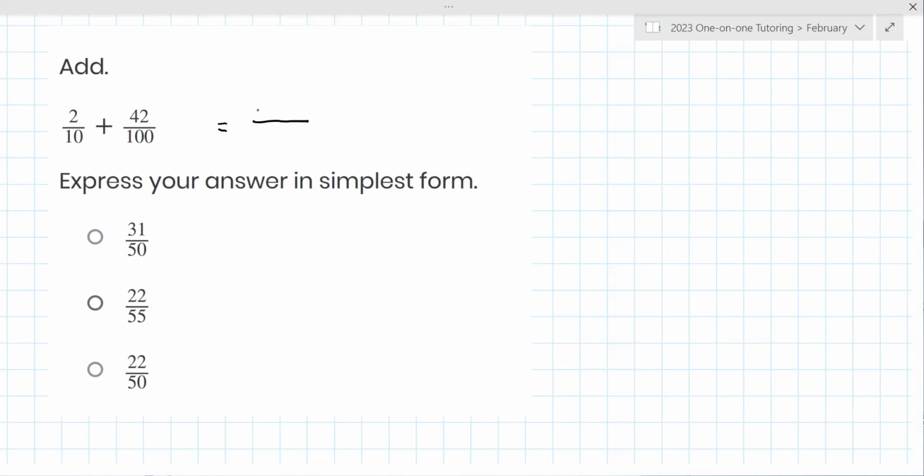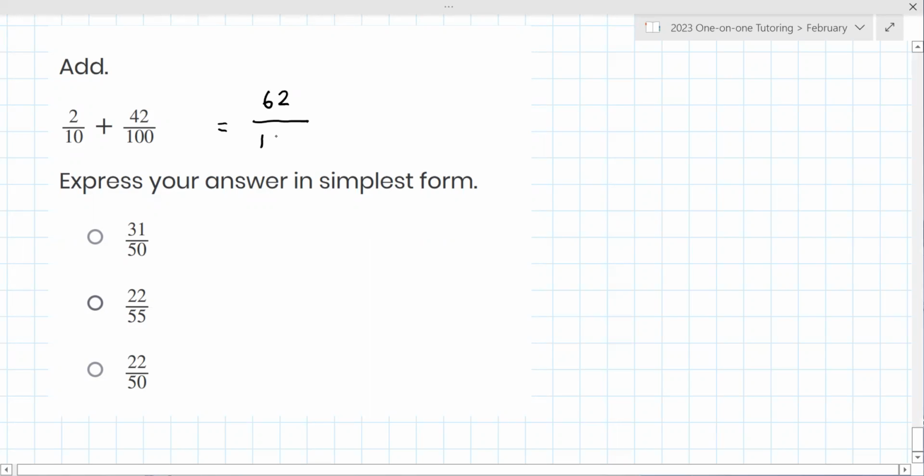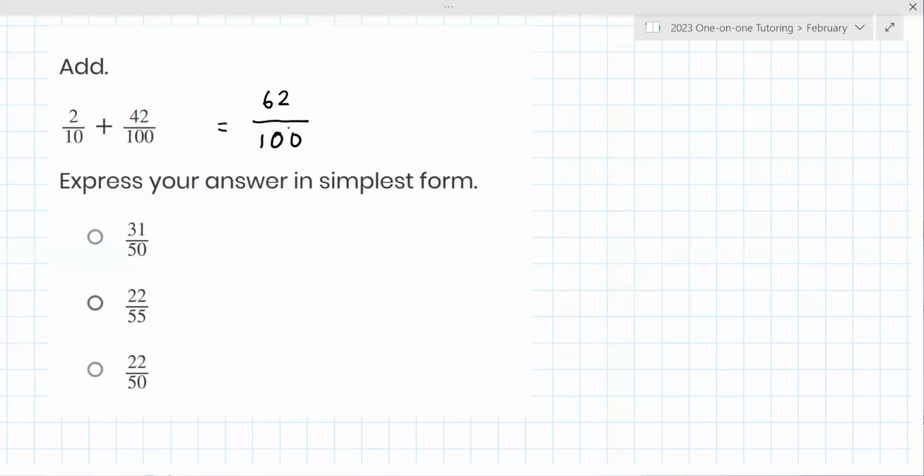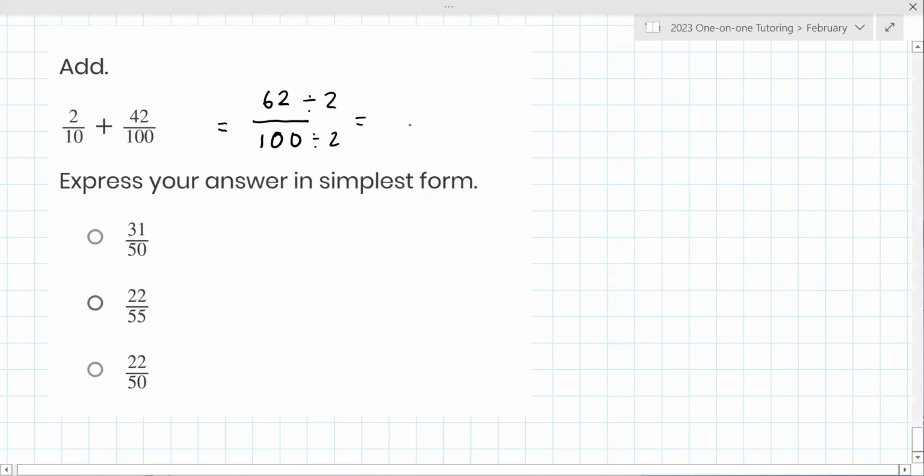62 over 100. Does that sound right to you? Yeah. Okay. Now, can you divide both of these by 2? They are both even.